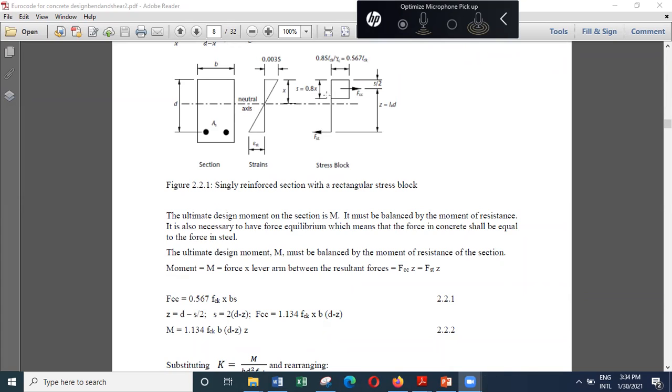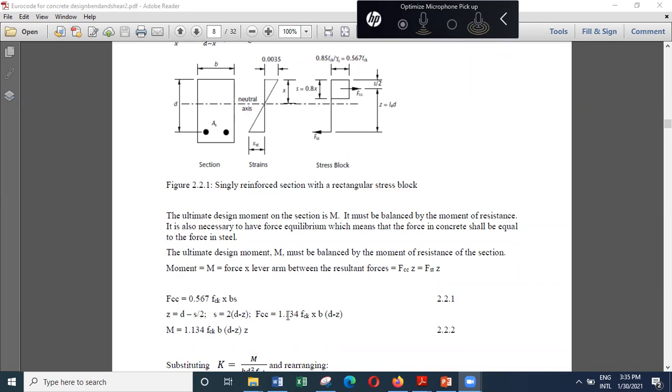The area of the stress block is 0.8 times x, or S, multiplied by the width of the section, B times S. Then we can also say Z is equal to D minus S by 2, which means S is equal to twice D minus Z. So in this equation, instead of S, we can substitute twice D minus Z.